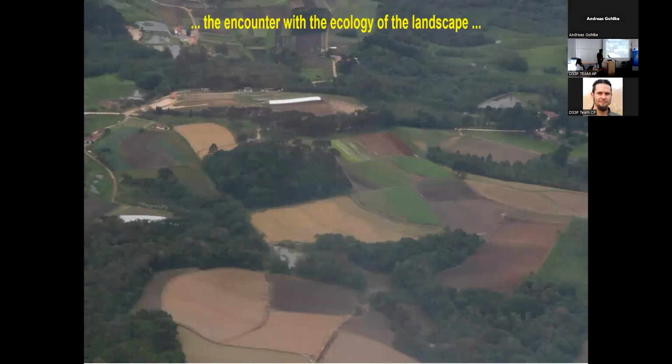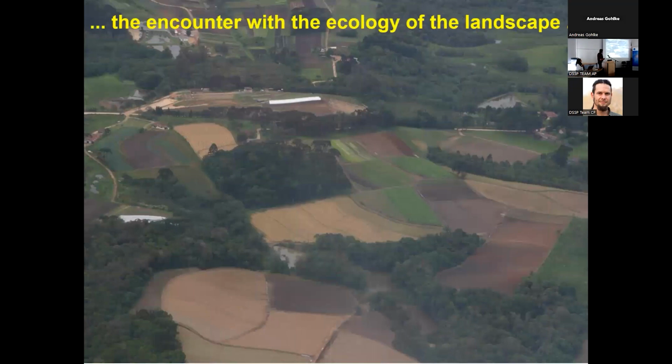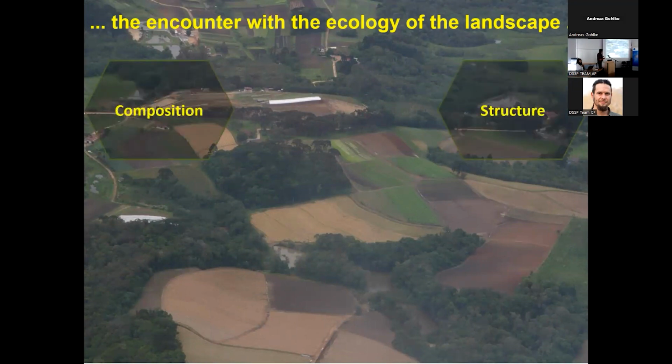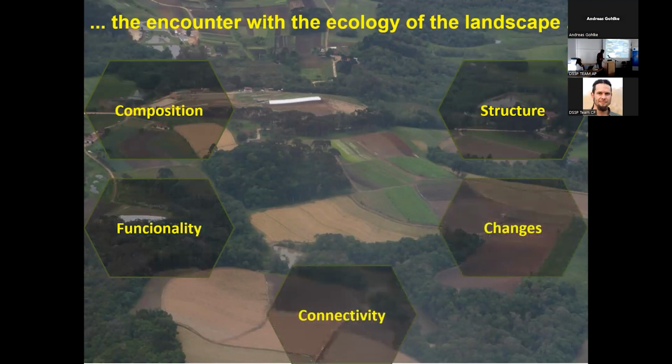So, at the encounter with landscape ecology, the ecologists of the landscape study the composition, the structure, the functionality, the change and connectivity of these remnants of forests and corridors and so on.